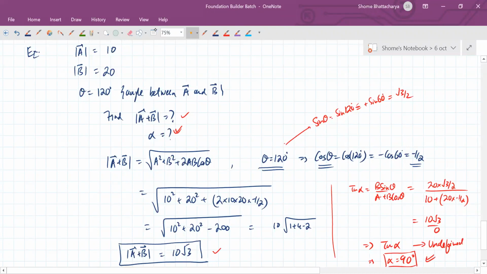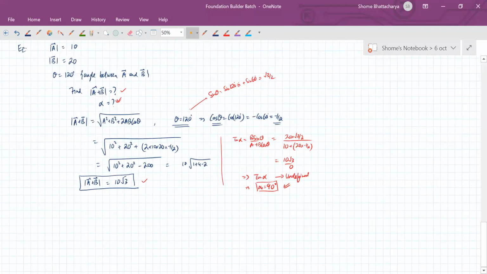Okay. Now we can also verify this geometrically, okay. But just first write down the steps of the formula application.